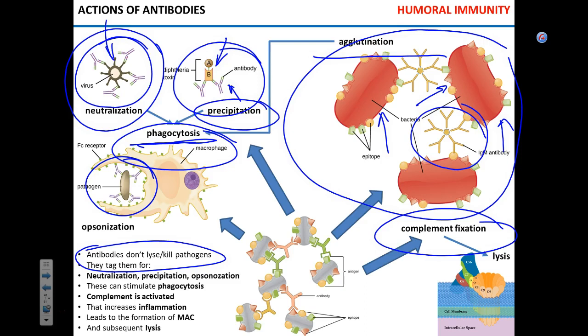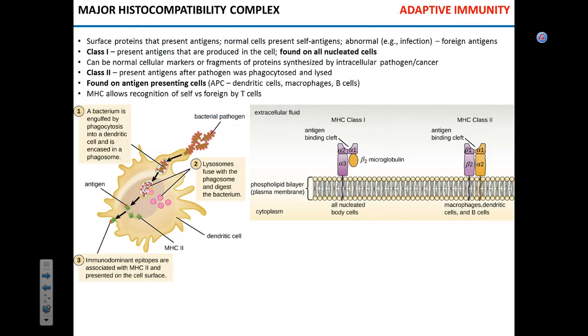And IgGs and IgMs can then activate complement, therefore leading to MAC attack or increased inflammation, leukocyte recruitment, and so forth. Does that make sense? Again, match the description of the action with the name. We're going to take a break.